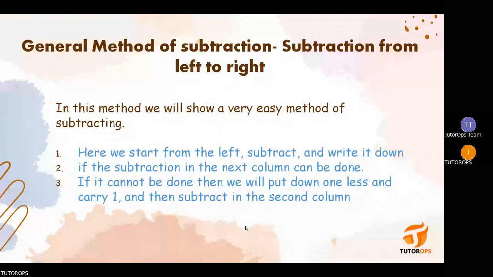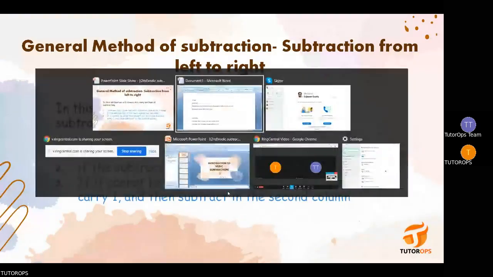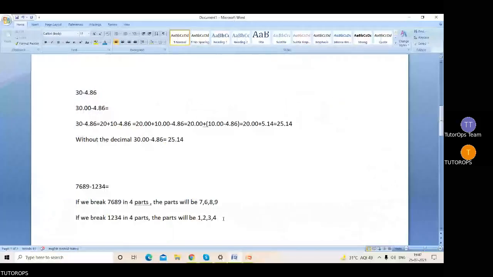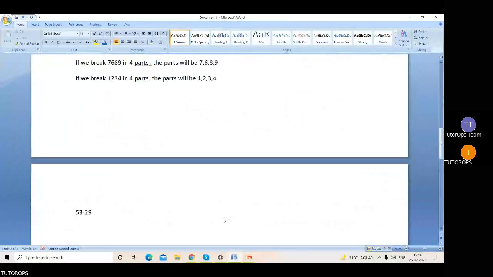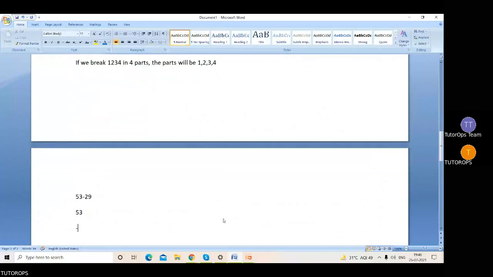Let me take another example, say 53 minus 29. Write it in column way, 53 minus 29.